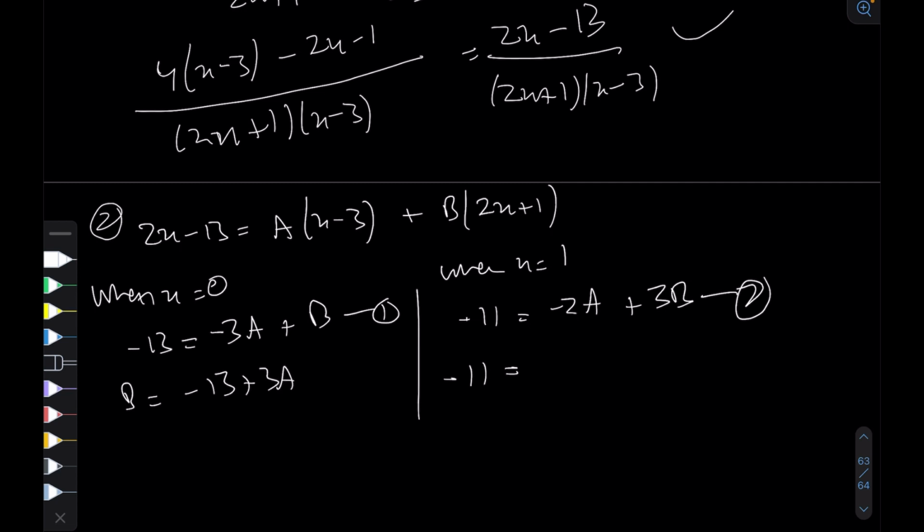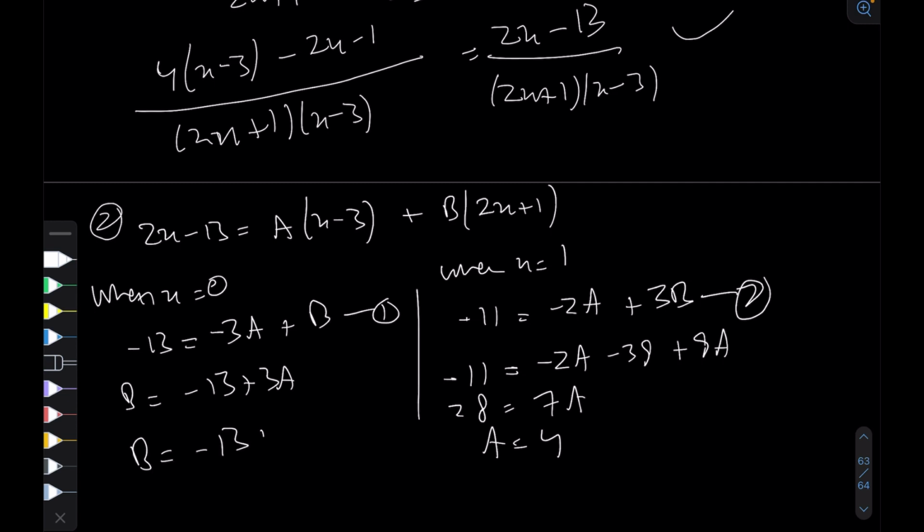So minus 11 is equal to minus 2a minus 39 plus 9a. So we have 28 is equal to 7a, a is equal to 4. So b is equal to minus 13 plus 12, which is minus 1, and we get the same answer.